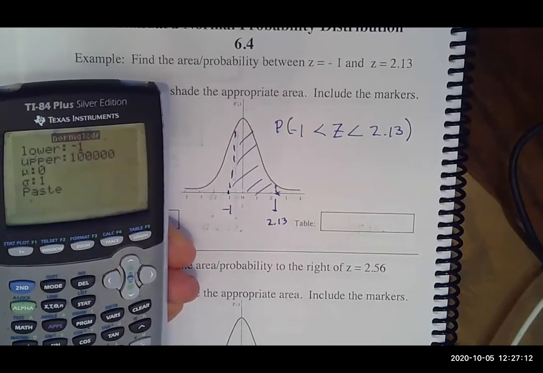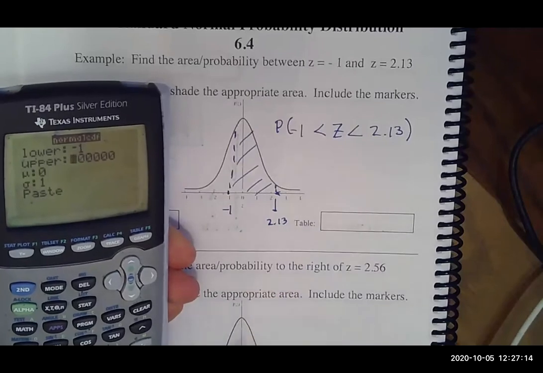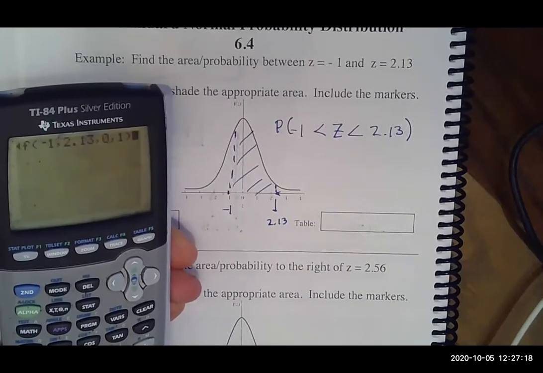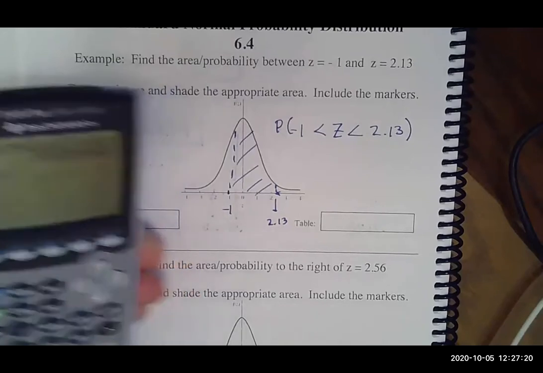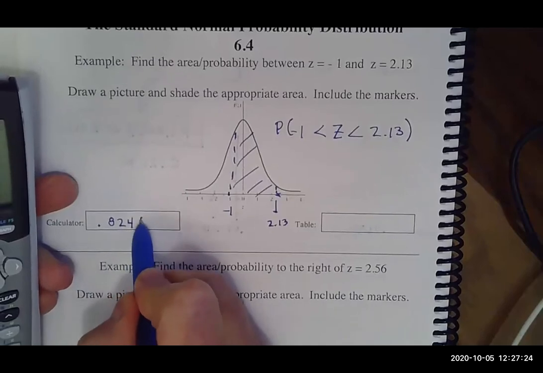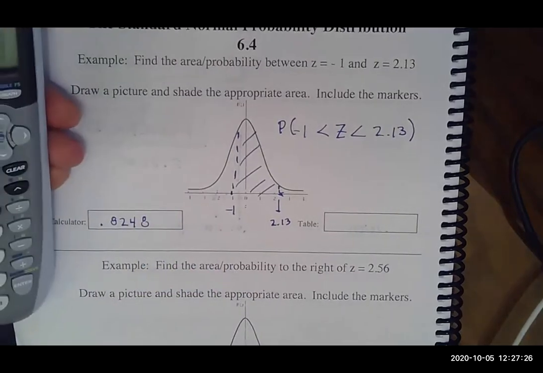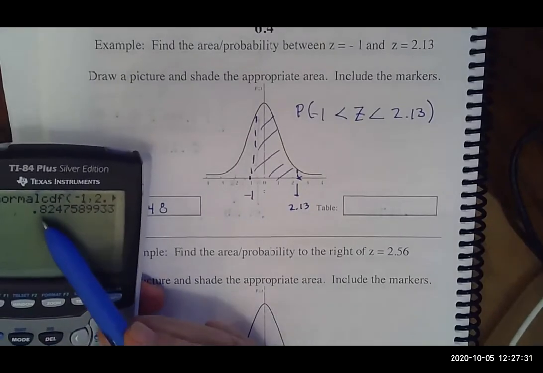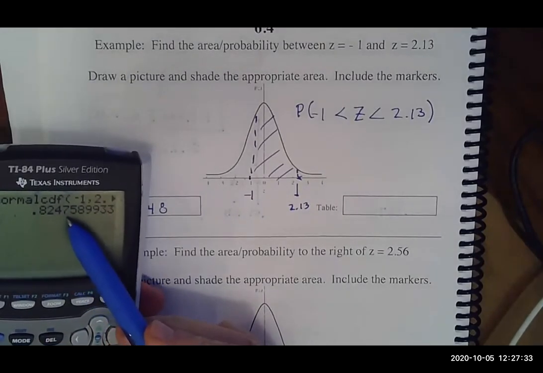Lower is -1, upper is 2.13. Remember rounding, 1, 2, 3, 4, look next door. That's a 5 or bigger, make that an 8 then.